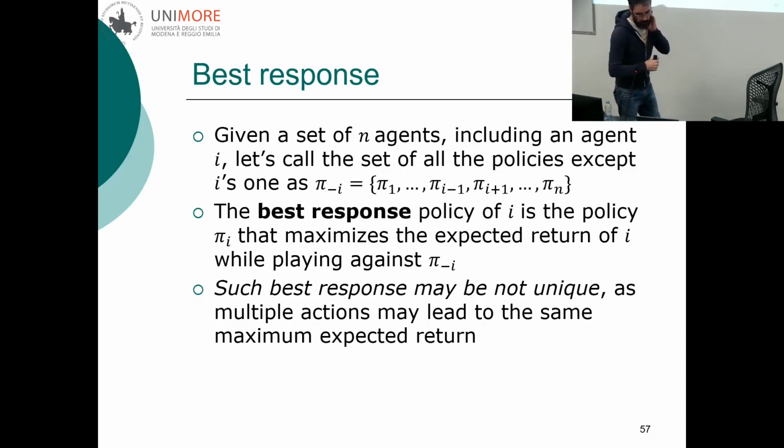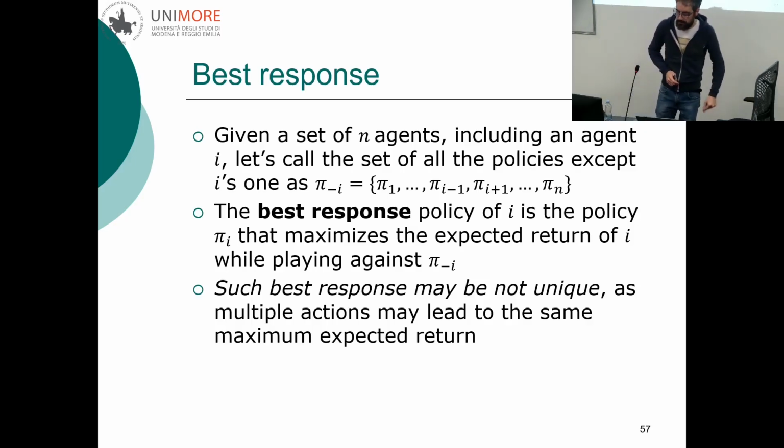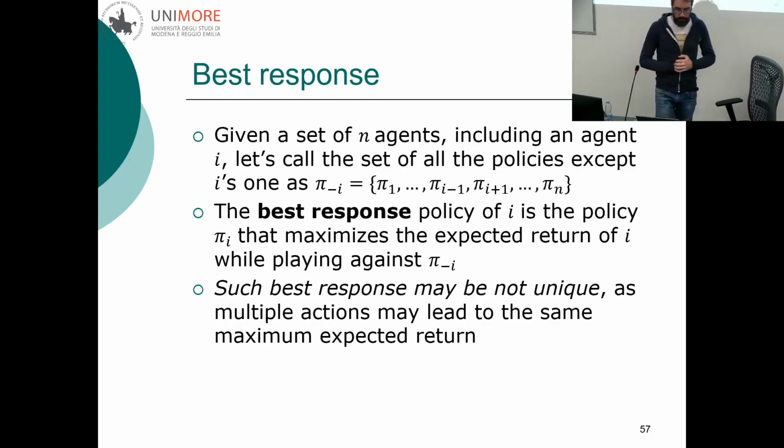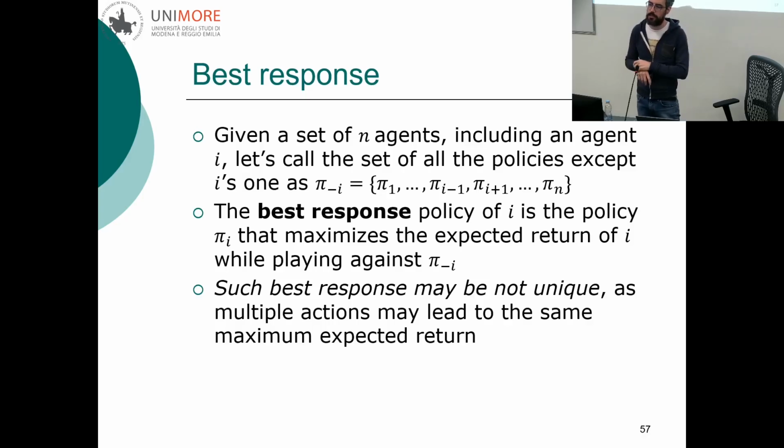Okay, so we have, I don't know, 10 agents that are playing a game or whatever, focusing on one agent and defining its policy as the best response. So we want the agent to learn a policy that is the best response policy. What will that mean?